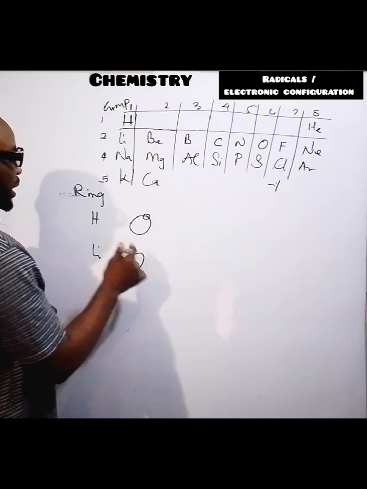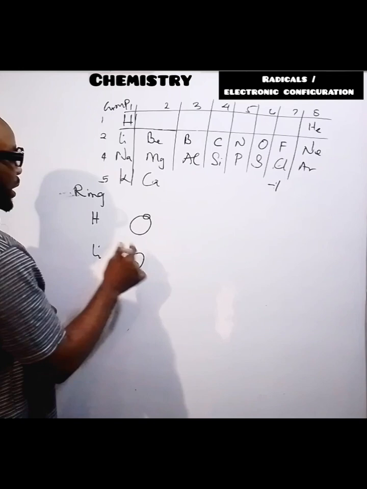Phosphorus is 1s2, 2s2, 2p6, 3s2, 3p3. Sulfur, 1s2, 2s2, 2p6, 3s2, 3p4.